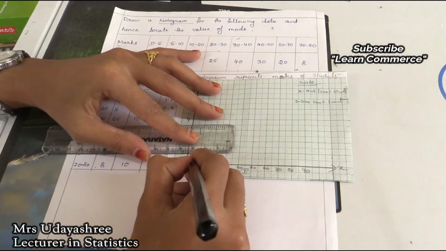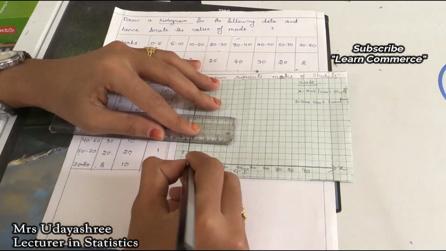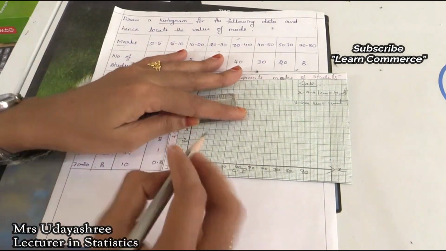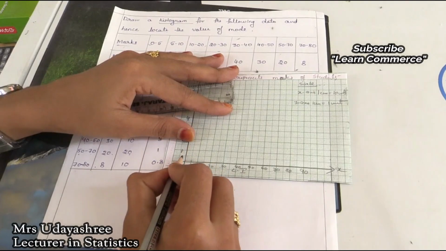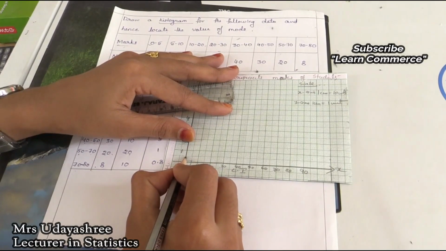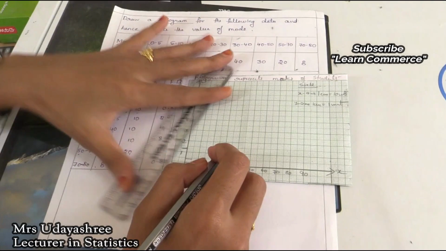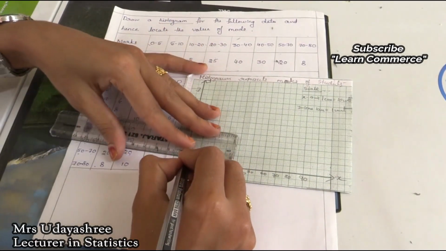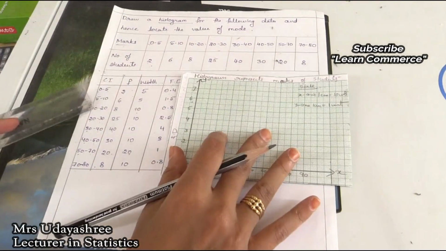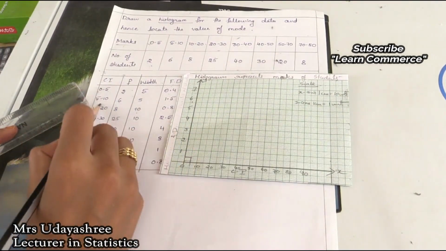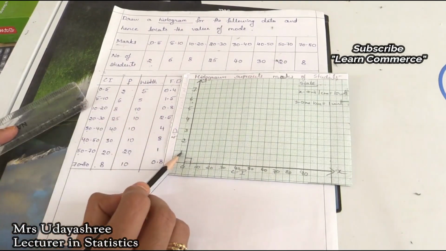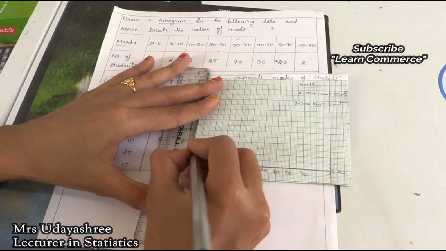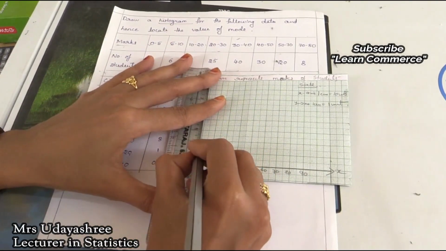Okay, next see 5 to 10, for that the corresponding frequency density is 1.5. So 1 is here, 2 is here, 1.5 comes here. So therefore here we need to draw one rectangle like this.